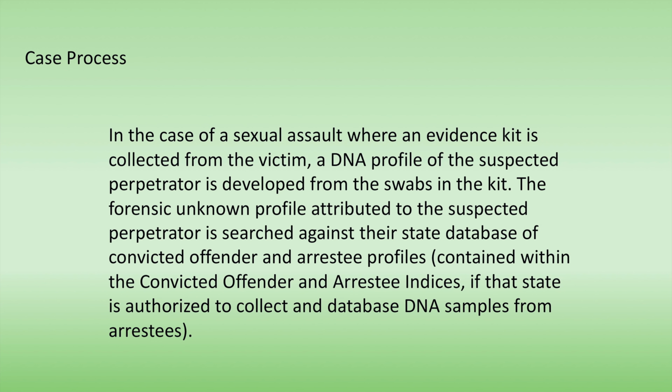So in the case of a sexual assault where an evidence kit is collected from the victim, a DNA profile from the suspected perpetrator is developed from the swabs in the kit. The forensic unknown profile attributed to the suspected perpetrator is searched against their state database of convicted offender and arrestee profiles contained within the convicted offender and arrestee indices, if that state is authorized to collect and database DNA samples from arrestees. So that profile is searched.